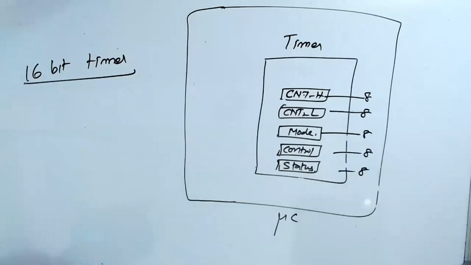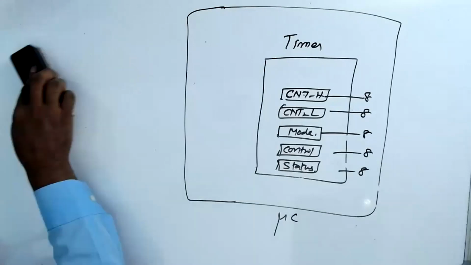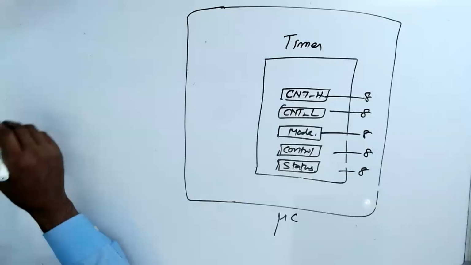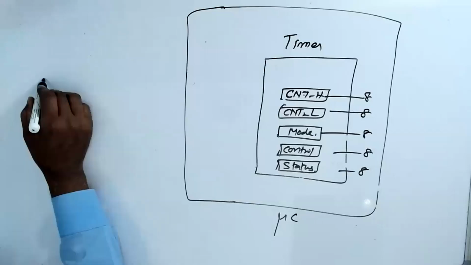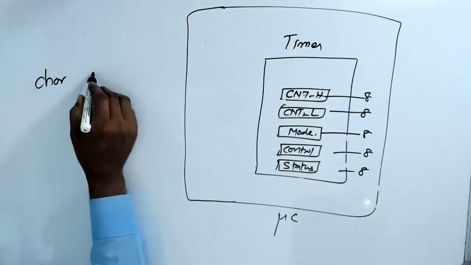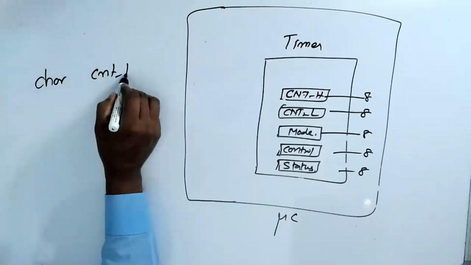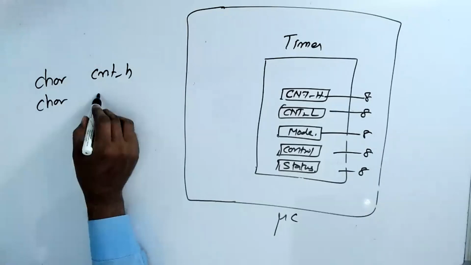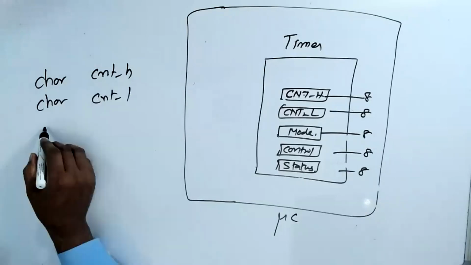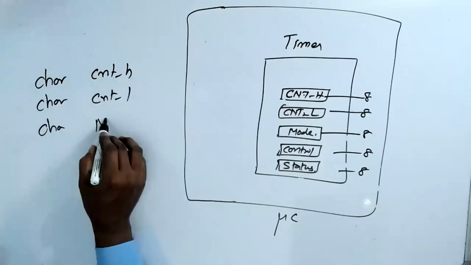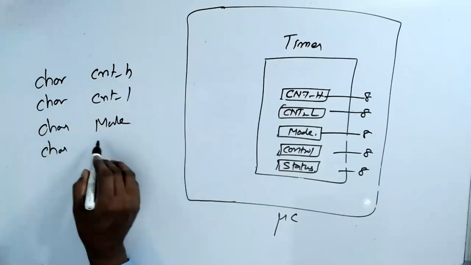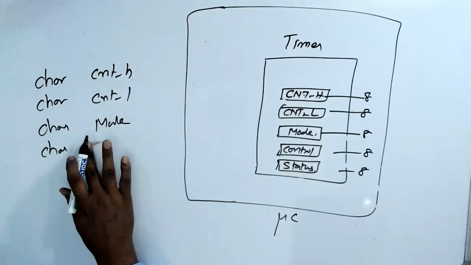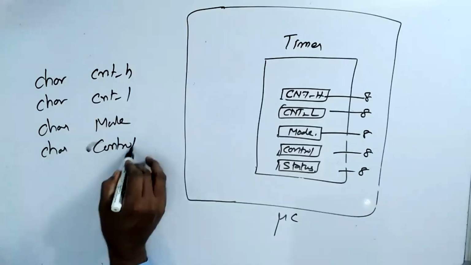Now, I can declare this like this: char count high, char count low, char mode, char control, char status. Now you understand.